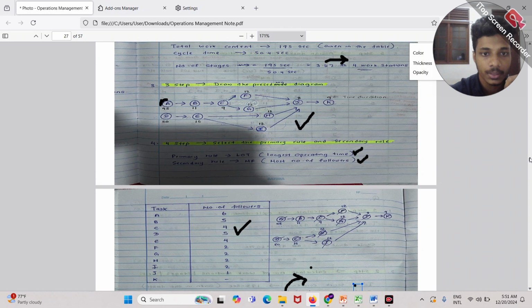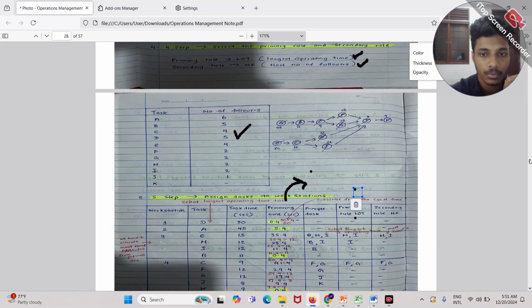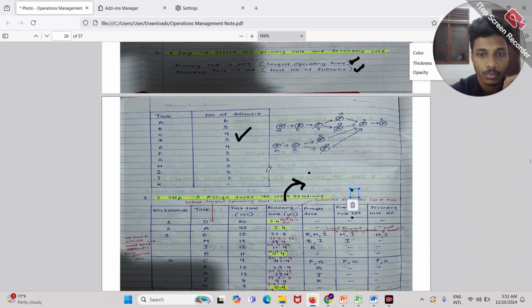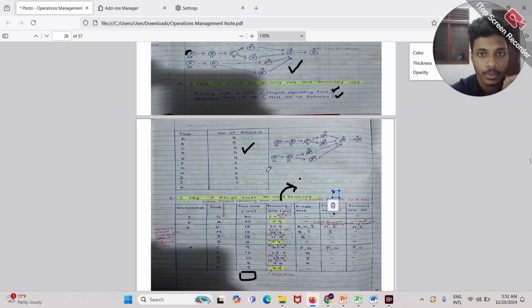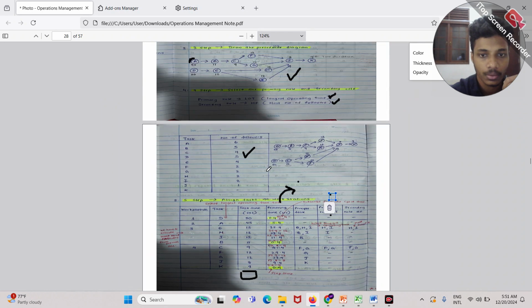What you have to focus on is, I will zoom out this one. Here you can see you have to do A and D. Firstly, you have to note down workstation, task, and task time.